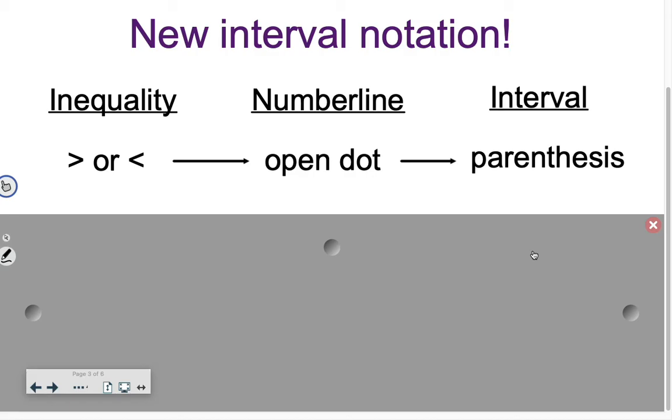Whenever you have strictly less than or strictly greater than, you will have an open dot on the number line and parentheses in interval notation. Those go together, anytime you're not including a specific point. Open dot and parentheses, in this kind of the three different ways we're going to show our answers.